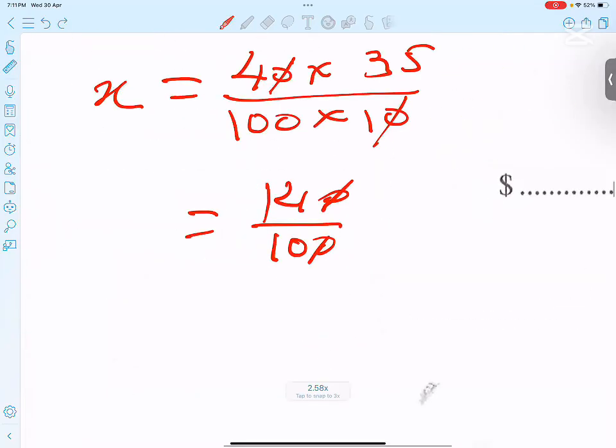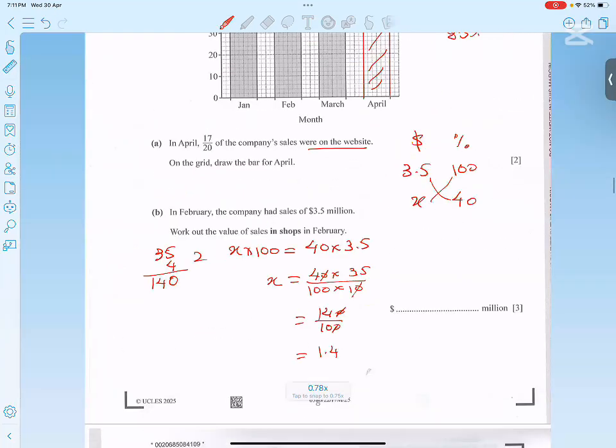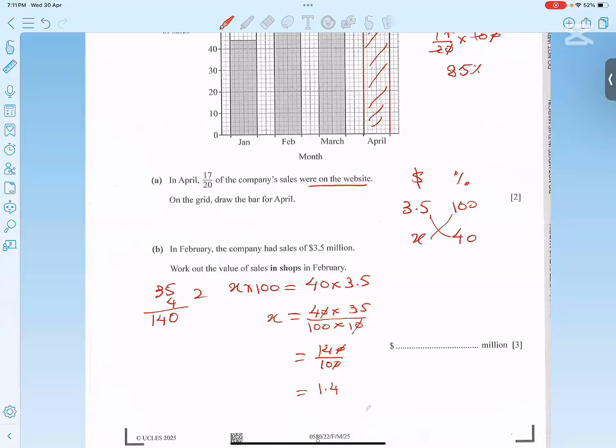I hope you got it, and I got my answer 1.4 million. 1.4 million is our answer. The concept of the question is very clear. He was asking how much the shop is selling in millions. So the concept is very clear, and the question is over.